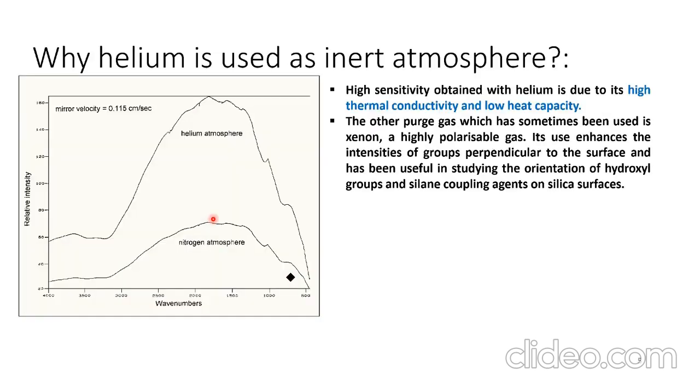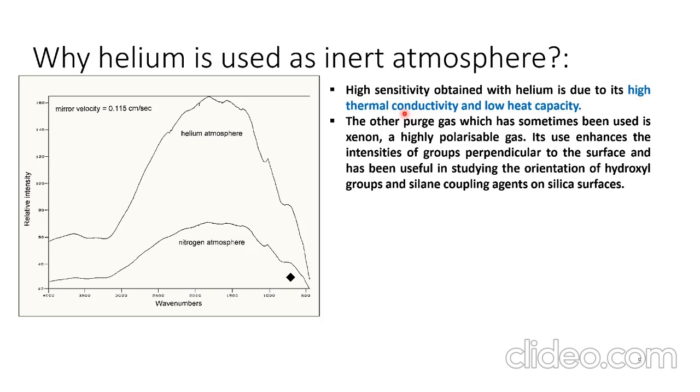So why is helium used as an inert atmosphere? Because it has high thermal conductivity and low heat capacity. So it does not absorb the radiation itself, and from the sample it will give a better signal because it is more sensitive. Another purge gas that has sometimes been used is xenon, because it is a highly polarizable gas.